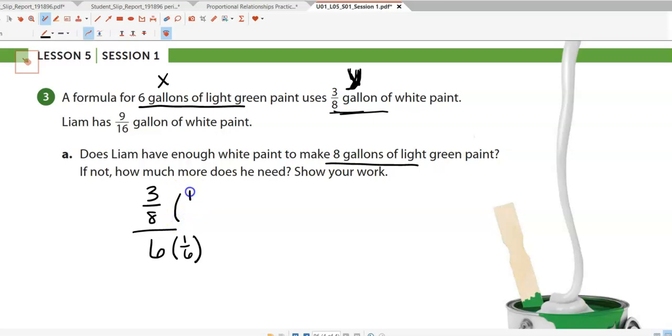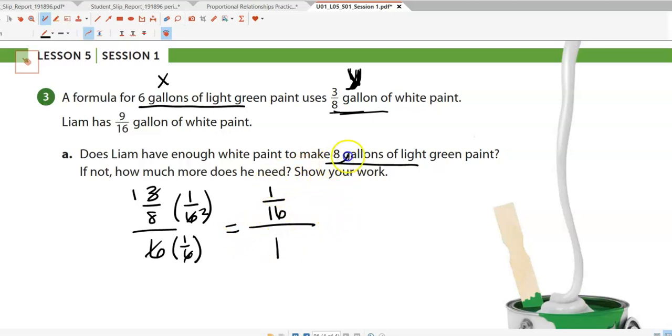What we do on the bottom, we'll do to the top. So this cancels out. That's a 1. And then I know this can be reduced. So 6 divided by 3 is 2. So now we have 1/16. So for every 1 gallon of the light green paint, we need 1/16 white paint.